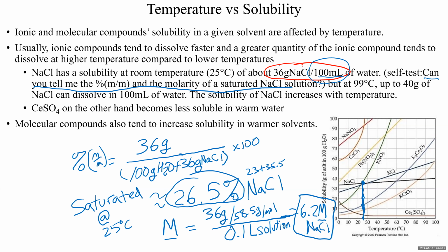I'll just tell you it's actually 36, only because I know that, not because I'm very good at parsing lines on poorly drawn or low resolution graphs. But if you guess 35, you'd be close enough. It's roughly halfway between the 30 and 40 marks, 30 grams and 40 grams per 100 milliliters of water, or 100 grams of water.